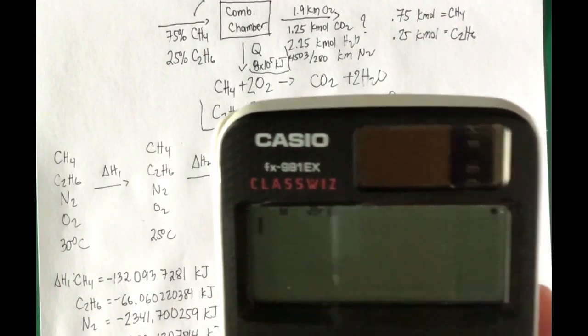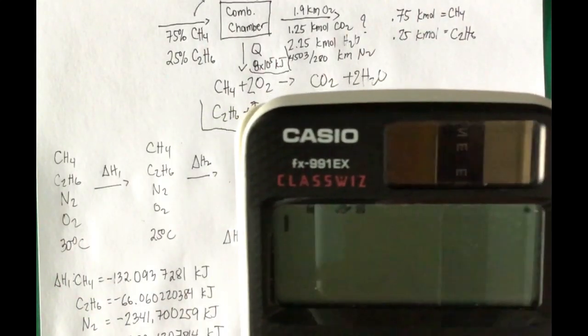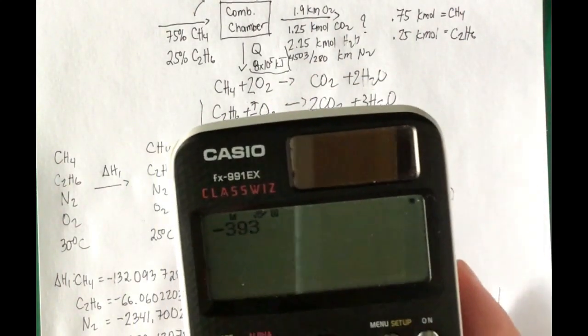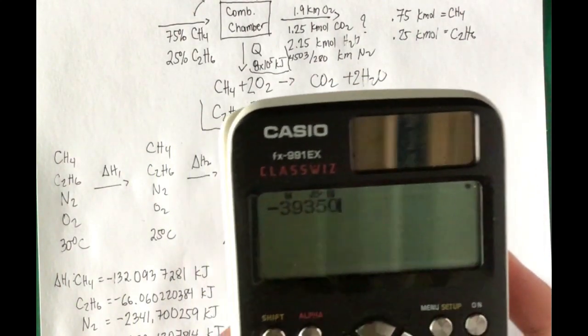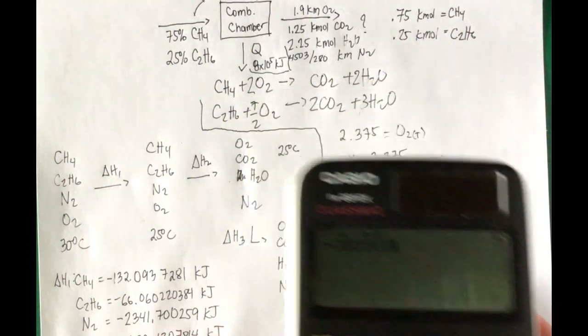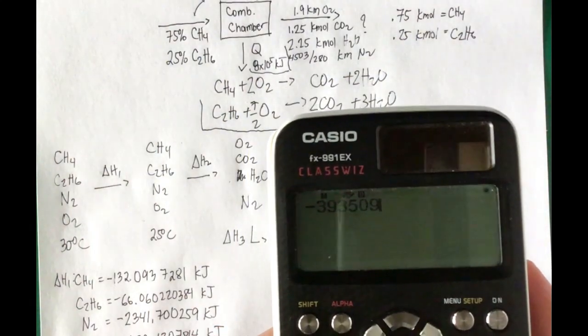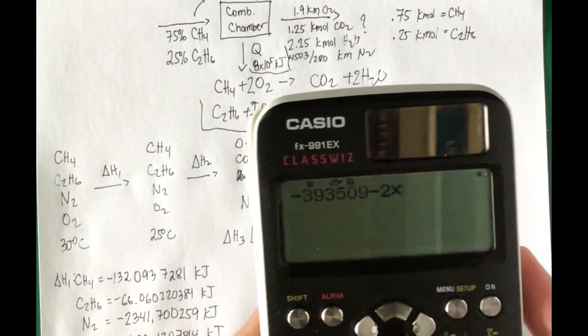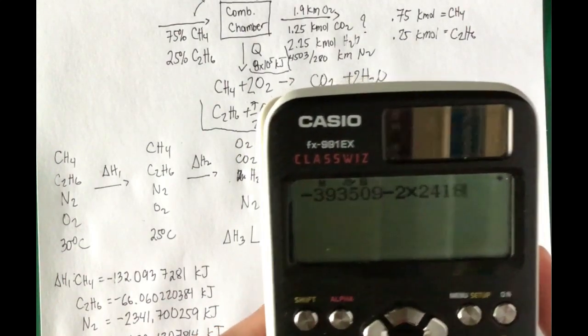So CO2, negative 393,509. Then we have to include 2 times H2O gas, so that's 241,818.